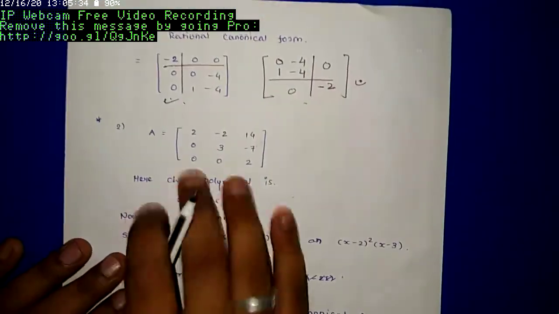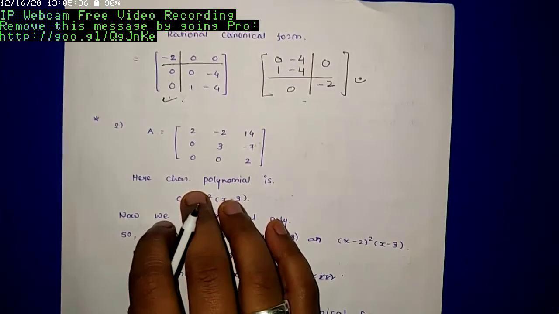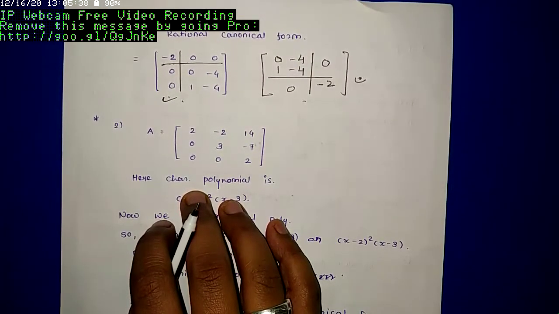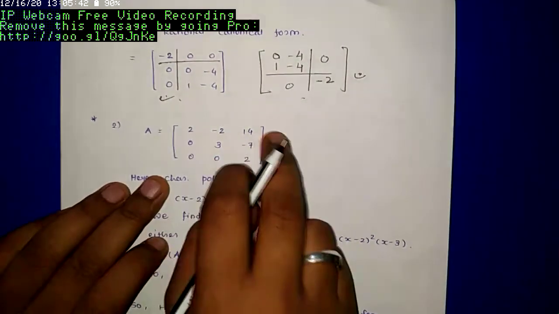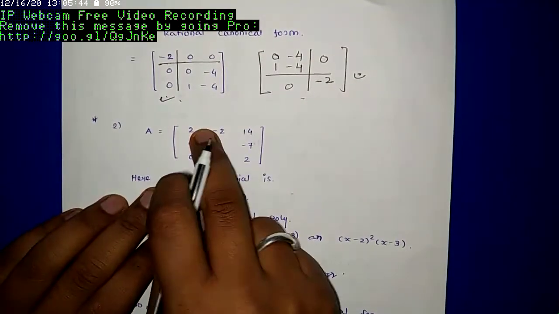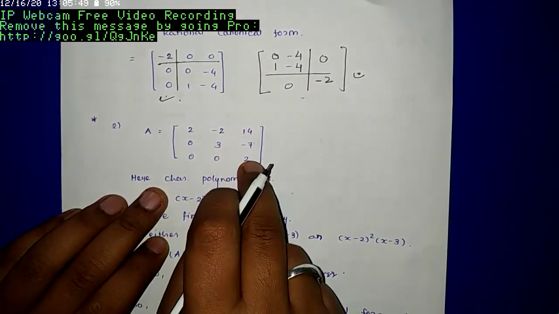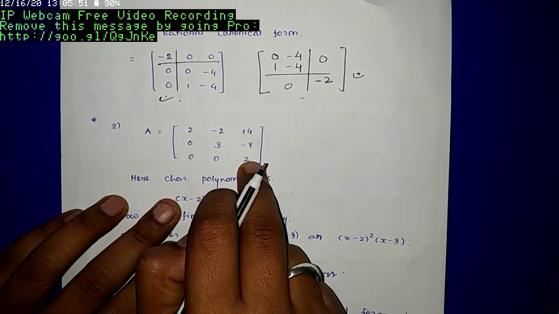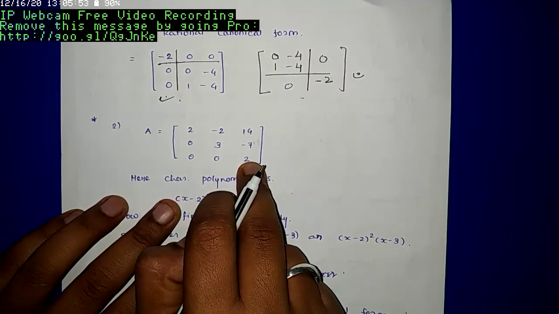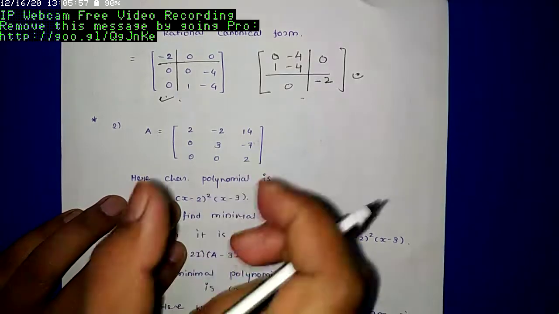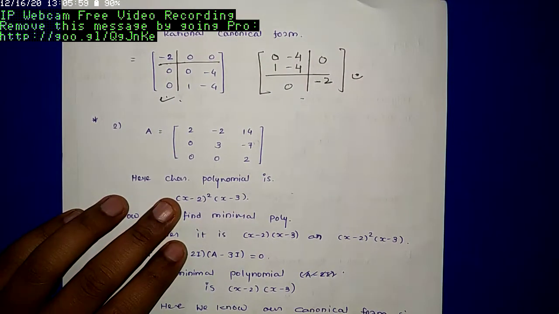Now the next example. I hope you now understand how to find the rational canonical form. This is your matrix: 2, -2, 14; 0, 3, -7; 0, 0, 3; 0, 0, 2. First of all we want to find the C(x), and for that we would need some calculation.